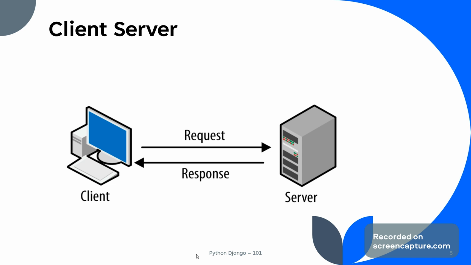Look at the example of a client. For example, we request something like www.google.com, which goes to the server, and the server searches through the DNS and URLs and gives the response so that we can see a static web page on our computer.